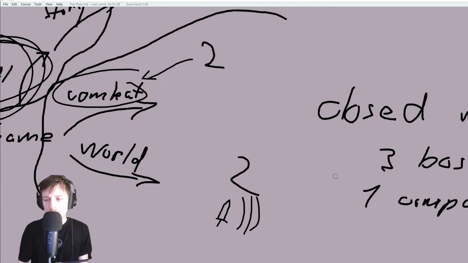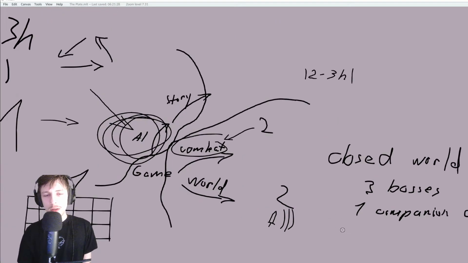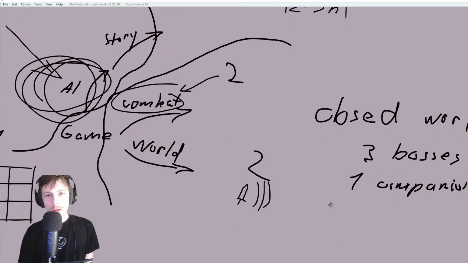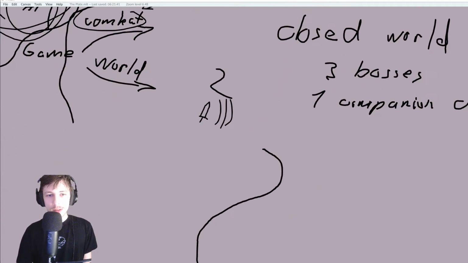Oh wait, this actually, I could kinda see this one. So the idea for this one would be you would be stuck in a way in a valley. Like here's you. There are some houses here and some people doing stuff.